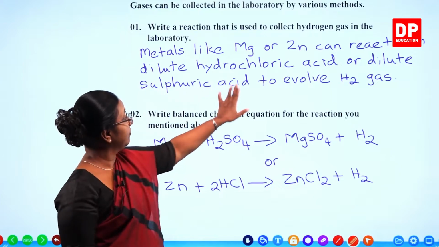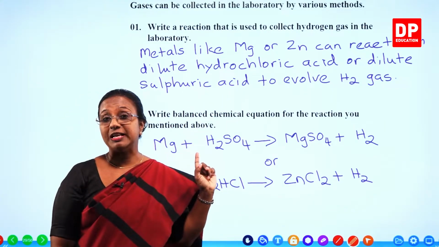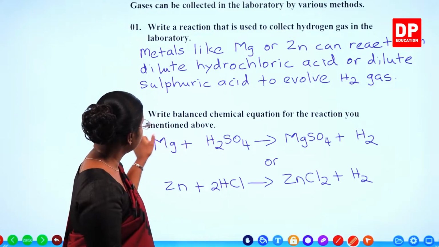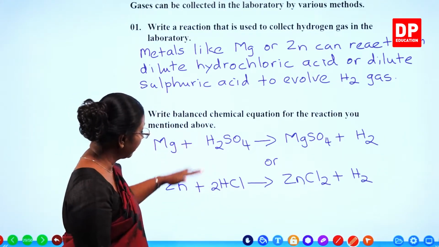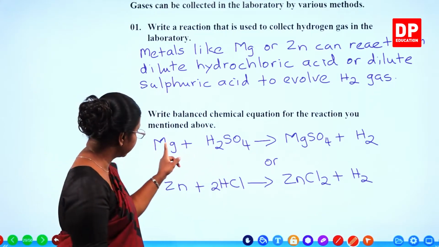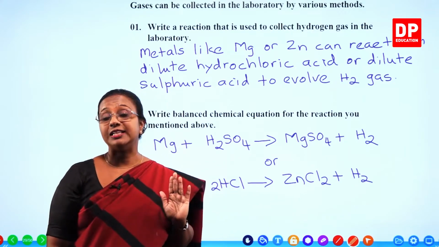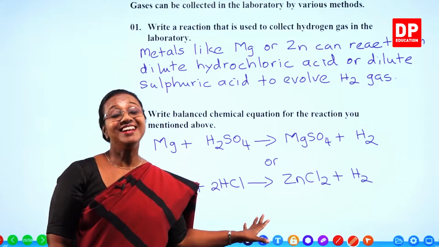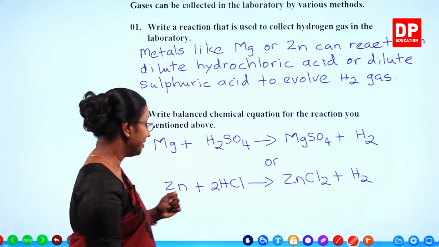Because here we have given all the possible metals, magnesium or zinc, and the two possible acids, hydrochloric acid or sulfuric acid. So here they have asked you to write one chemical equation. So you can write any one of those. You can even change the metals. This can be zinc, this can be magnesium. Accordingly, you have to write the products. So I am sure, students, you all can understand that clearly. So with that, I will move on to the next slide.